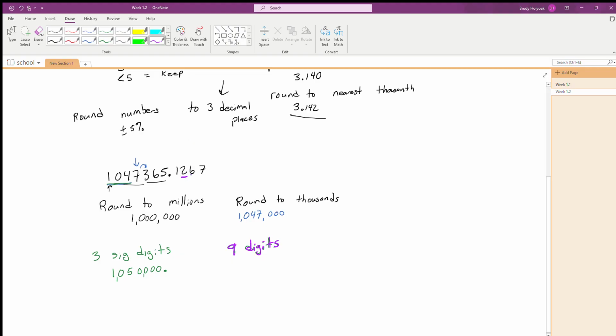And then I'm going to look at this number. That number is a 6, which means this one's going to bump up. So then this becomes 1047365.13. And I can leave it at that, knowing that I rounded up to 13. If I rounded down, I'd put the 0 just to show that I rounded down from that point.